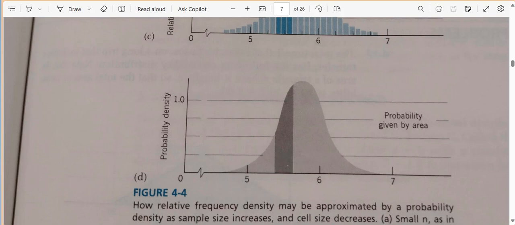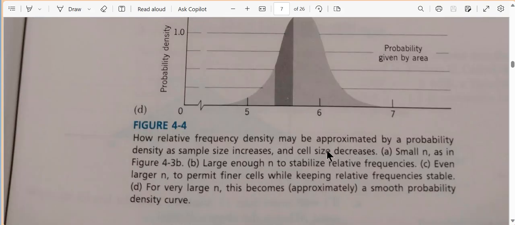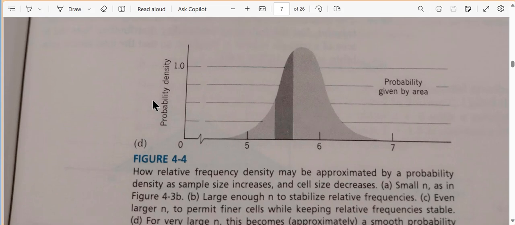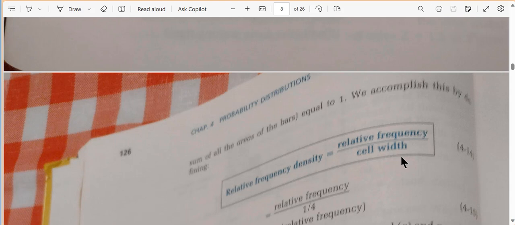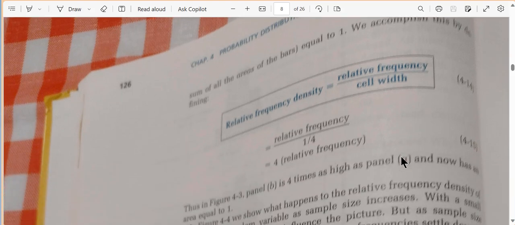You can slow down this video and read what they said in each step, but that's the idea. To use the probability density function, you don't look at the height, you look at the area under the curve. And I will slowly scroll through this so that you can read it if you want.